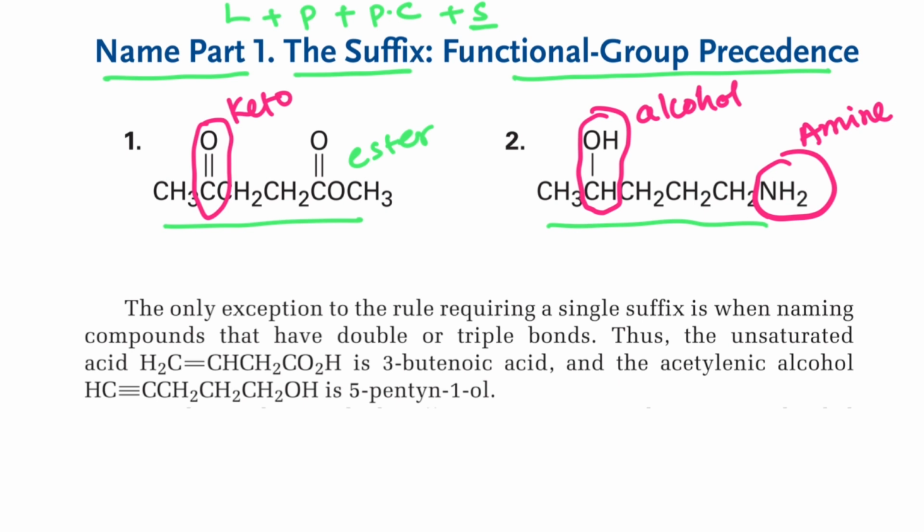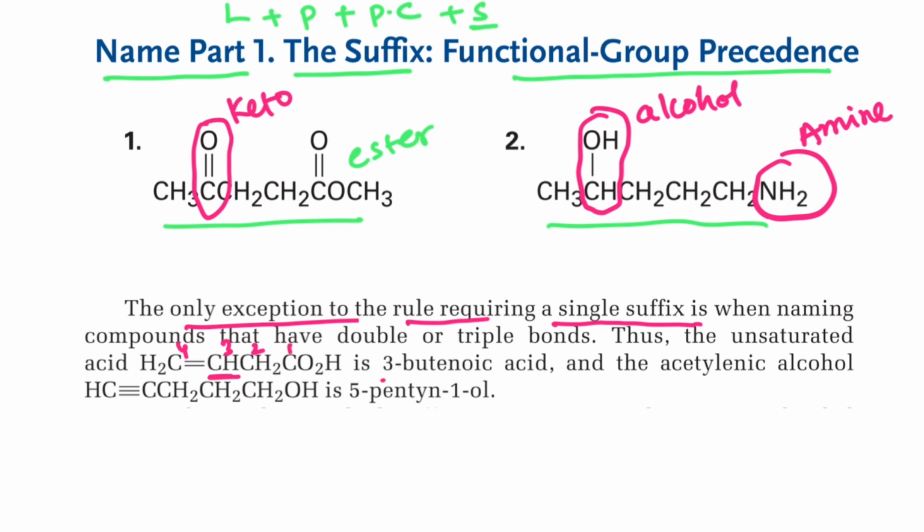The only exception to this rule requiring a single suffix is when naming compounds that have double or triple bonds. Thus the unsaturated acid like this compound: if you take this one number 1, this is 2, this is 3, this is 4. Therefore, the third position has a double bond.